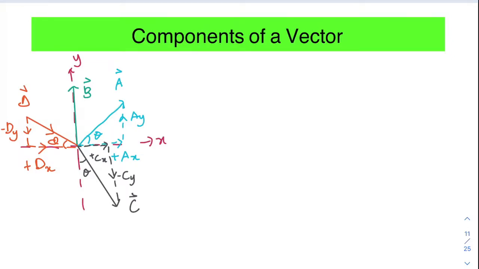I have another vector. Where to put it? I want to put it like this. This is vector E. It's not touching the origin. Can we determine its components? Yes, we can. We can shift it to this position.